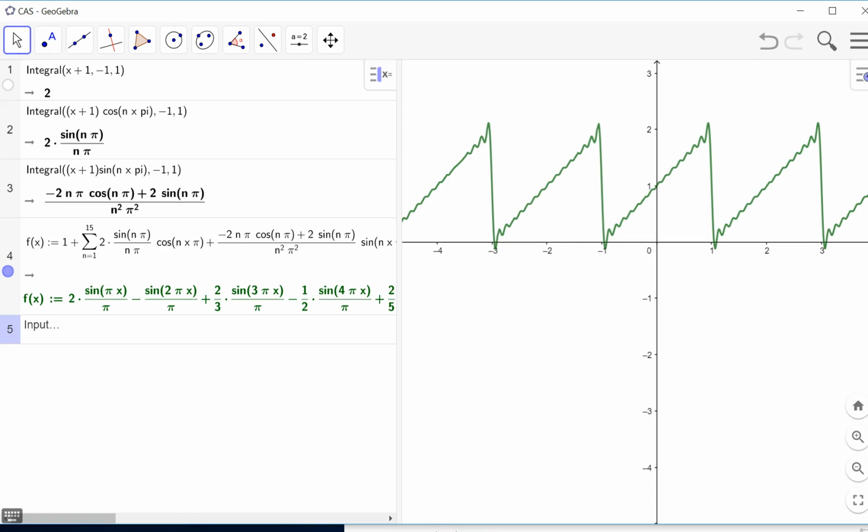So any periodic function that's bounded, so no infinite discontinuities. So not tangent, right? Tangent would be a periodic function, but has infinite discontinuities. Okay, that wouldn't be allowed.